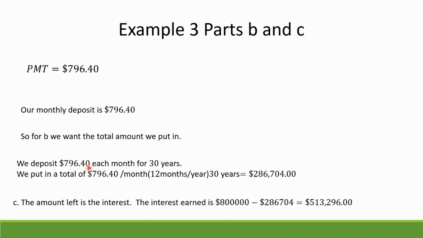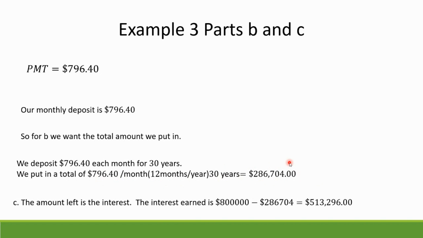Well, this is per month. To get it into years, we multiply by 12, since we have 12 months per year. Then this is for 30 years, so we multiply by 30 as well, and we get this. So that's how much we end up putting in after 30 years.